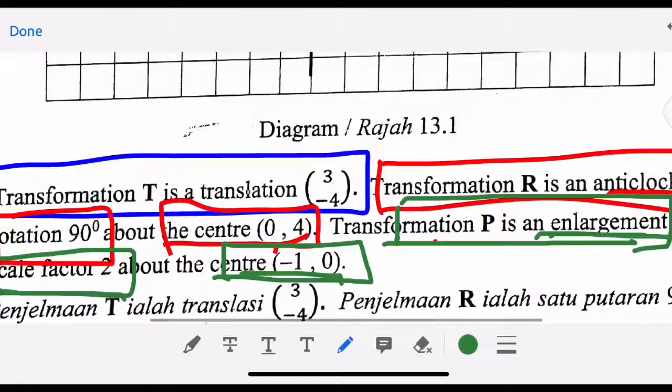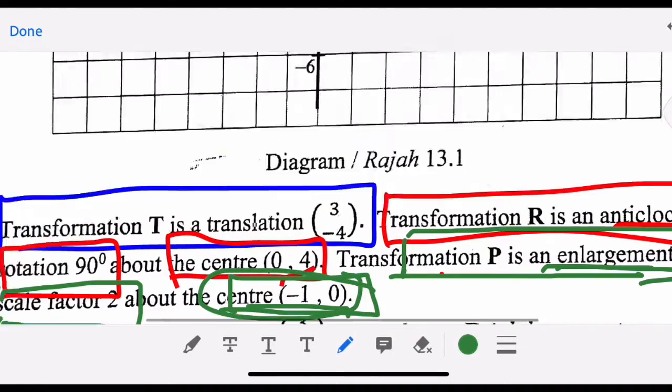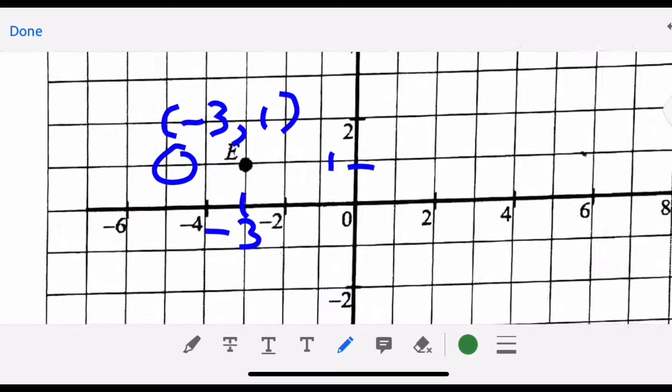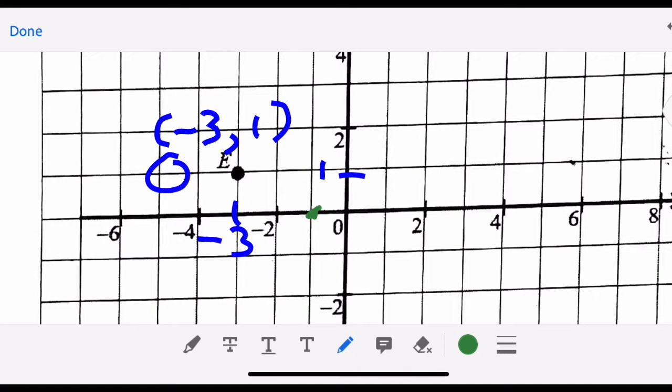The most important thing is the center, and the scale factor. So we go to negative 1, 0. Here we are. This is the center of the enlargement. Make sure the center is correct. Negative 1 here.